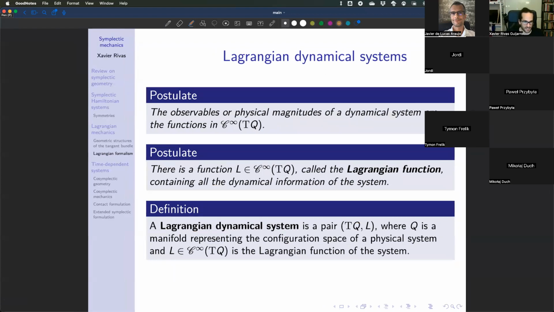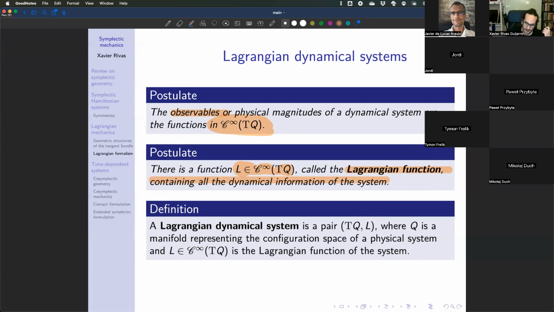Second postulate: the observables are the functions on TQ. This is just the same as in the Hamiltonian version. And another one: there exists a function L, called the Lagrangian function, which contains all the dynamical information of the system.